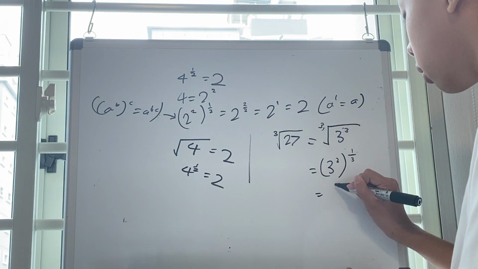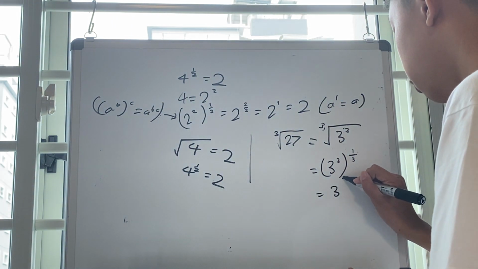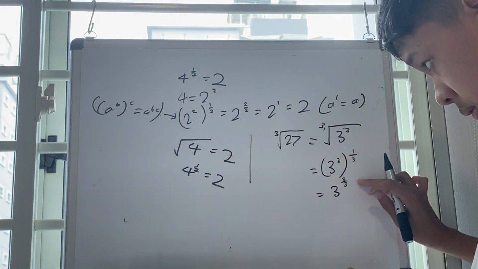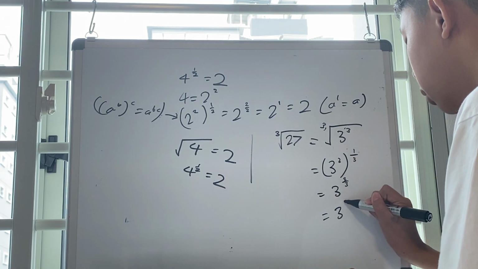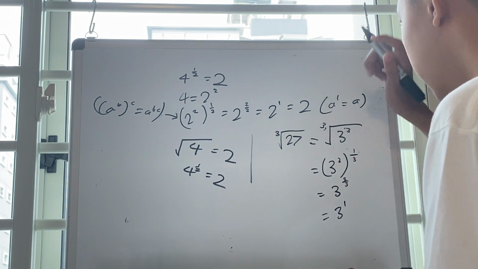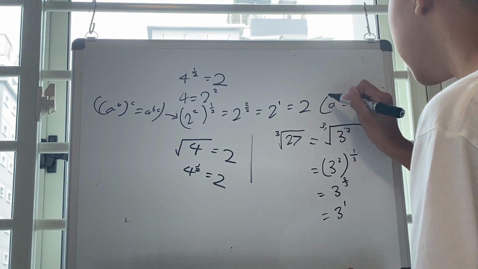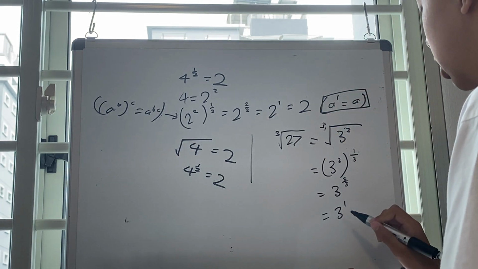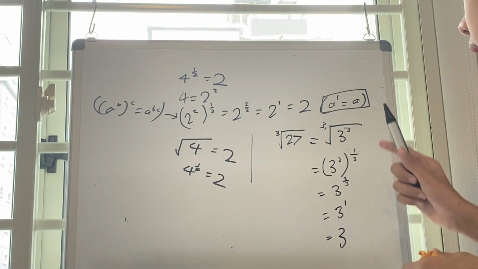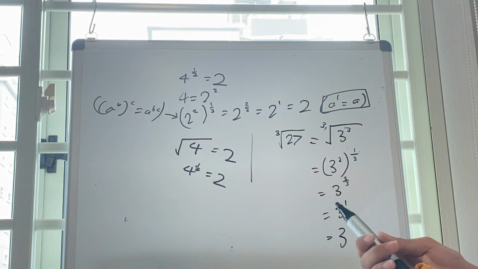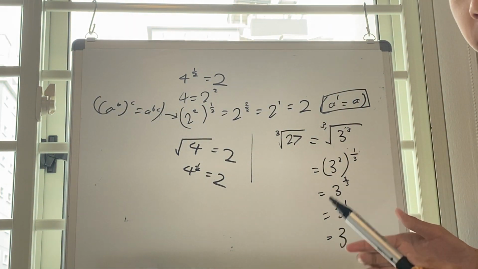And this expands to 3 over 3. Then we get 3 power 1. And remember this law? 3 power 1 equals 3. You're multiplying 3 by itself just once, so we just get 3.